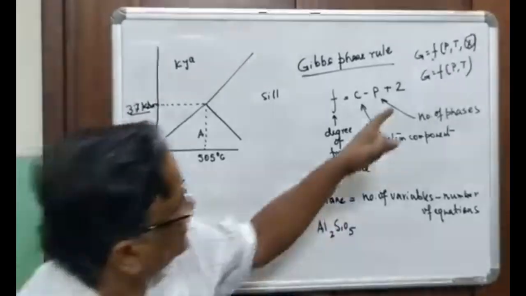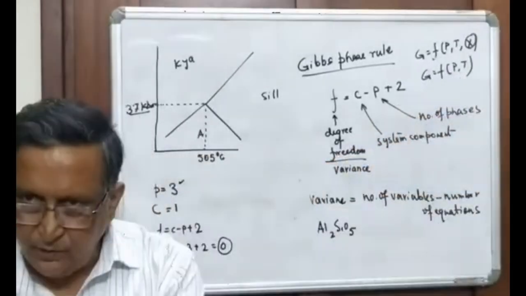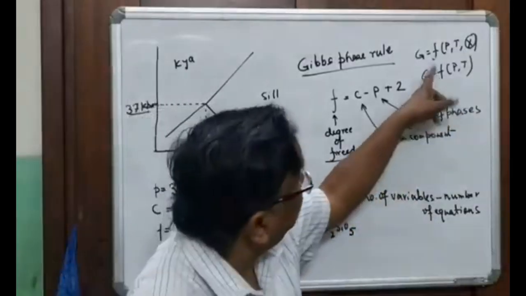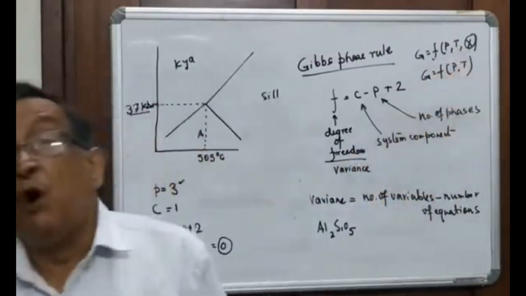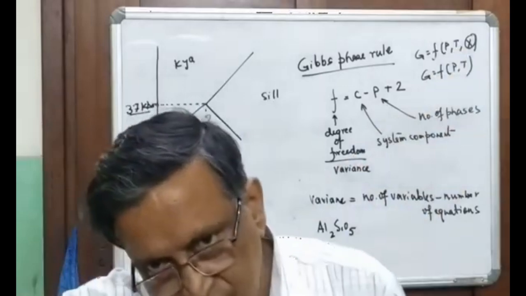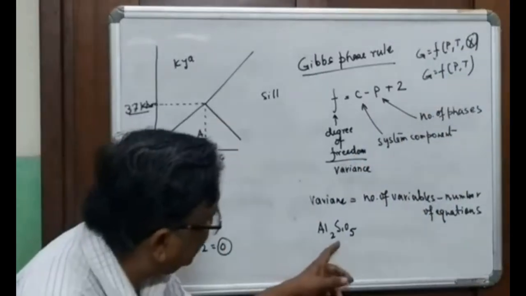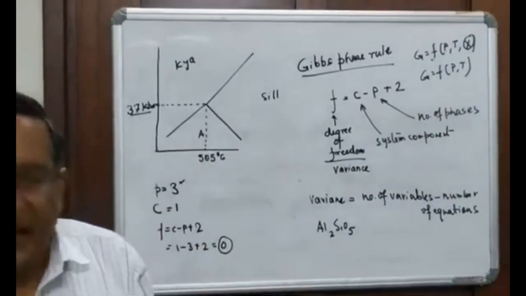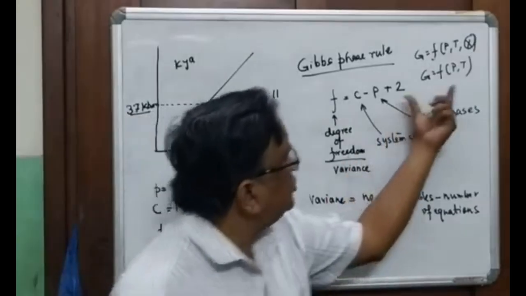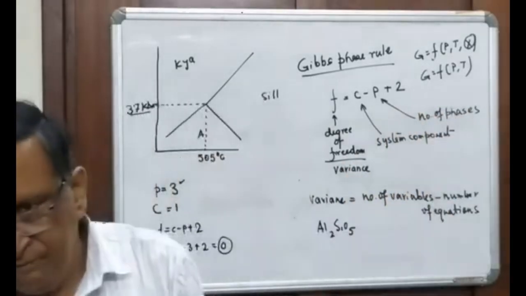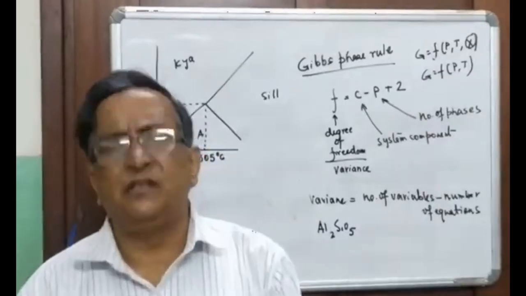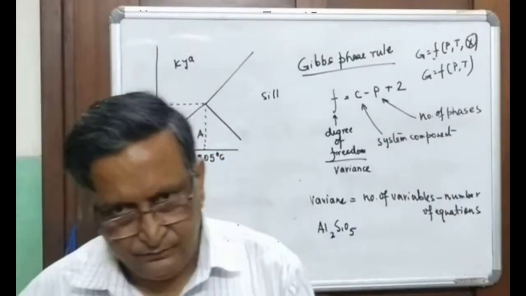For a pure phase, pressure and temperature are the only variables. For a solid solution phase, pressure, temperature and mole fractions are the variables. But we are at the moment dealing with Al2SiO5, which is a pure phase, and so this applies to us. So the unknown variables in this are pressure and temperature.